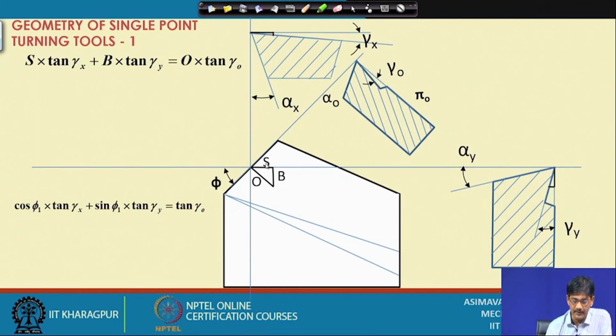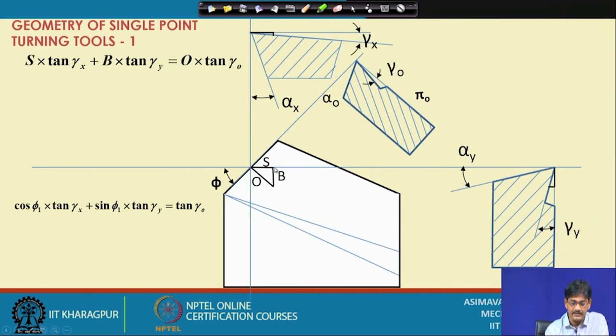The vertical distance down along O will simply be, as we discussed, O tan gamma O. Tan gamma O is identified here, and therefore the vertical distance I am going down here is O into tan gamma O. This must be equal to these two distances. So, once again we will have S tan gamma x. Tan gamma x is this angle in this plane. This plane is the pi x plane.